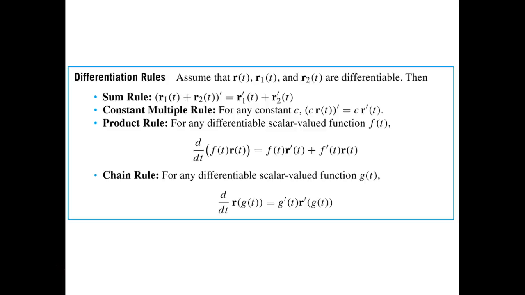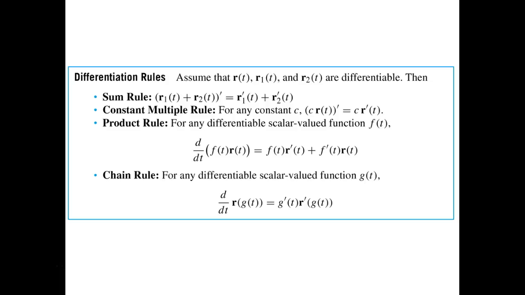They do the first, f of t times the derivative of r of t, which now, remember, r prime of t is a vector. This is a scalar function. The product of that scalar function times that vector function, that r prime, plus f prime times your r of t. Exactly like you said, the first times derivative of the second plus the second times derivative of the first.